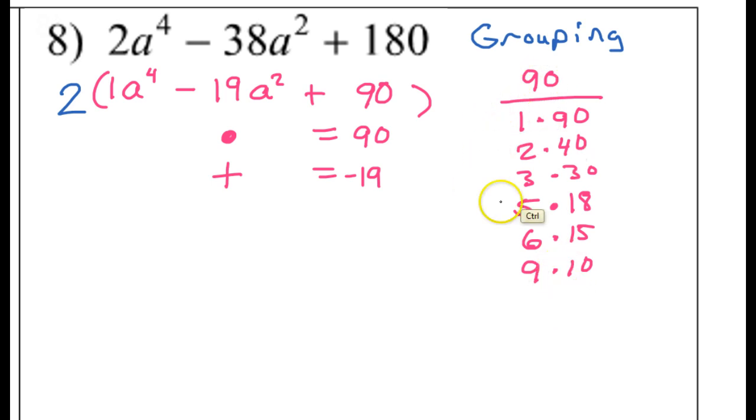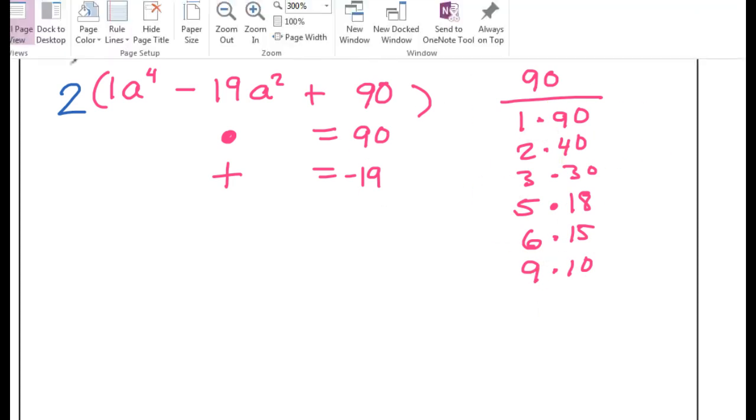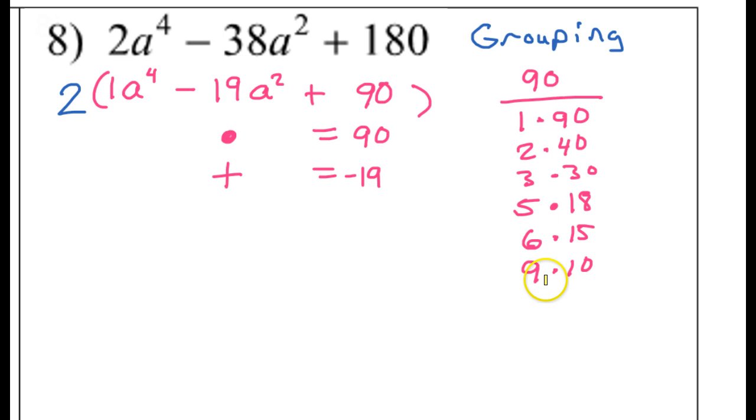Now, which one of these pairs can give me a sum of negative 19 if I pick the signs right? Well, it turns out to be the obvious one. For 90, the first thing that probably pops into your head is 9 times 10. In this case, we probably didn't need the whole list, but it's a good habit to get yourself into.